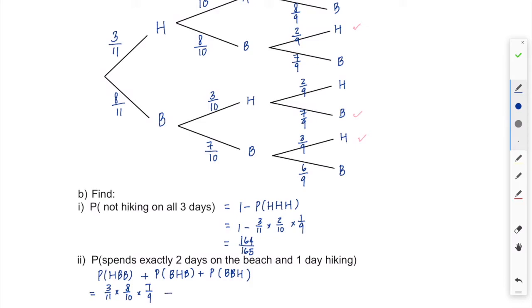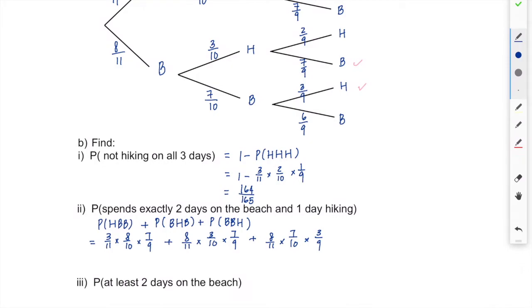That's the first case. Second case, beach first, 8 out of 11, 3 out of 10, and 7 out of 9. Last case, 8 out of 11, 7 out of 10, and 3 out of 9. Using my calculator, I got 28 out of 55.